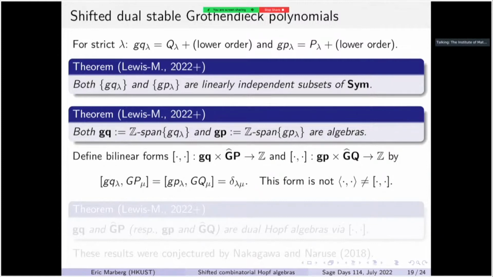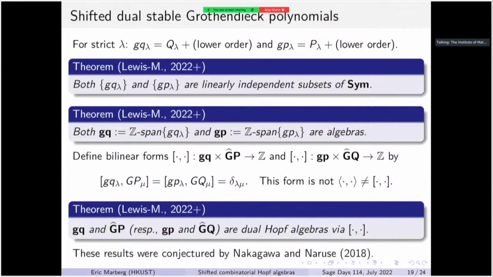If you define a bilinear form that makes lowercase gq orthonormal to uppercase gp and lowercase gp orthonormal to uppercase gq, it is not the Hall inner product that makes Schur functions orthonormal; it's some different form. Then these algebras turn out to be dual Hopf algebras via this form.